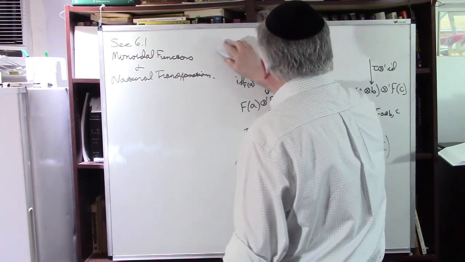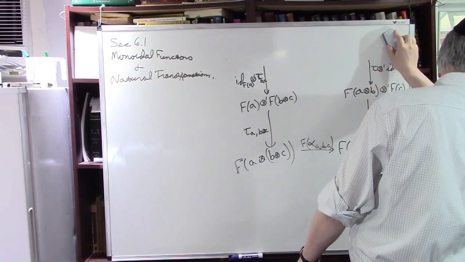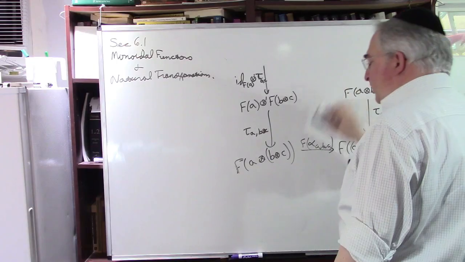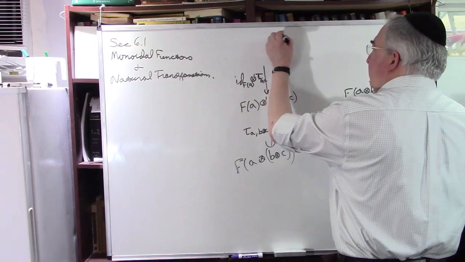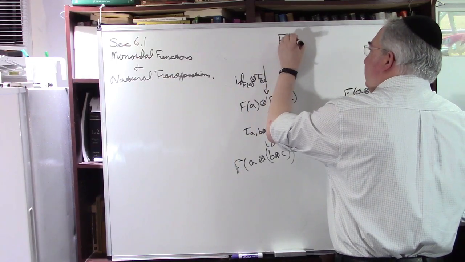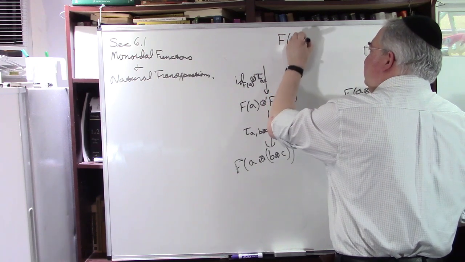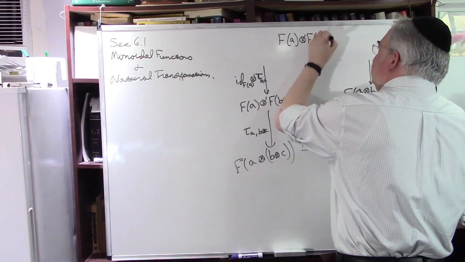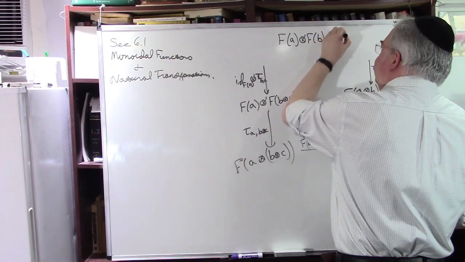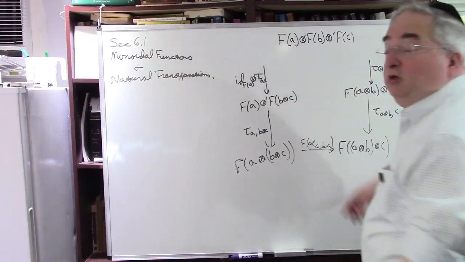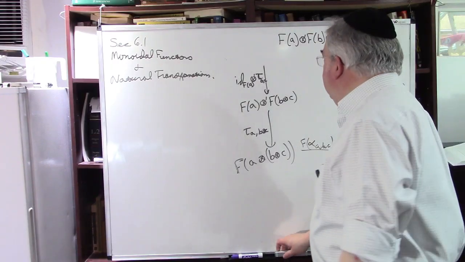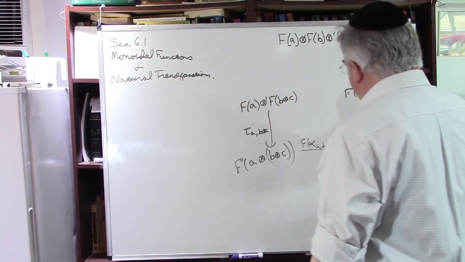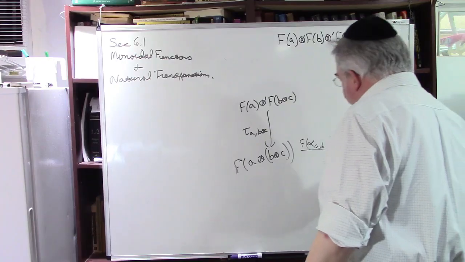Well, in that case, the reassociator is the identity, and so we're going to have this: F of A tensor F of B, tensor prime F of C, no other parentheses because it's strictly associative. Same thing down here.